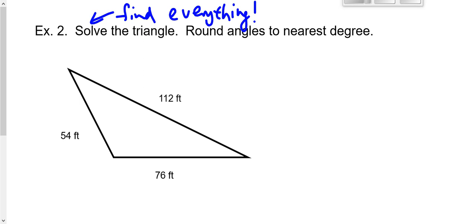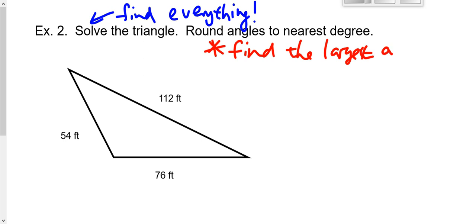Alright, so notes here. Find the largest angle first, if possible.